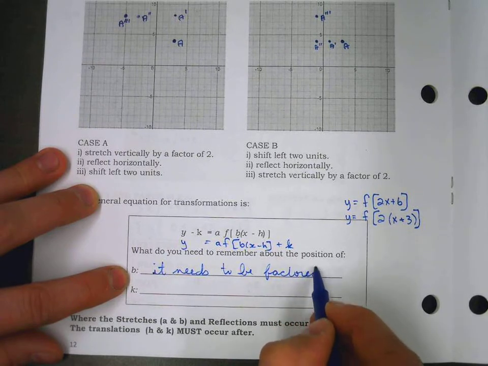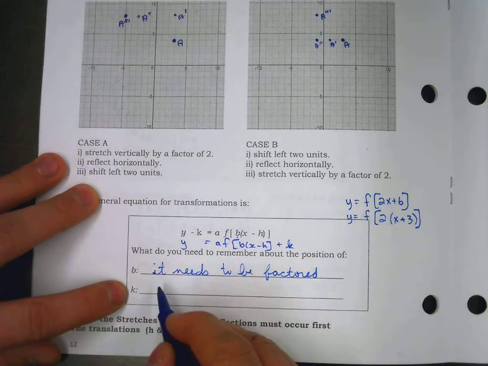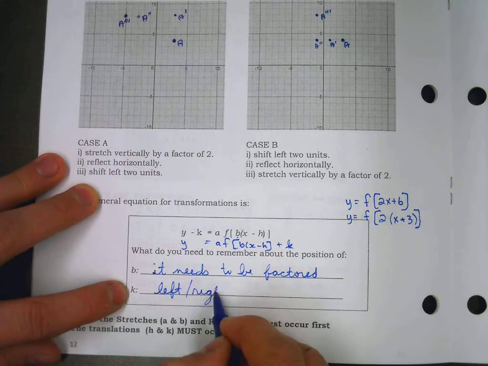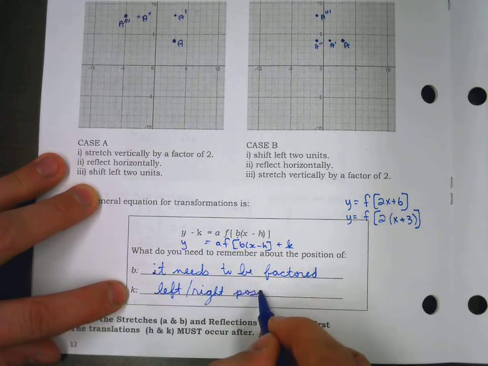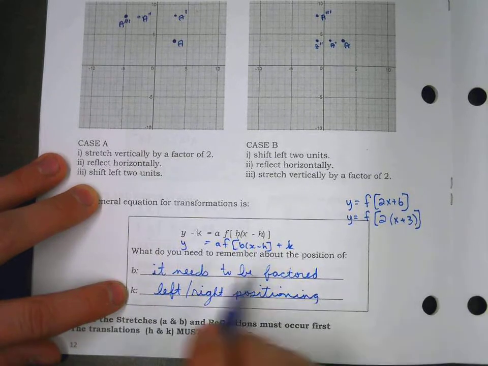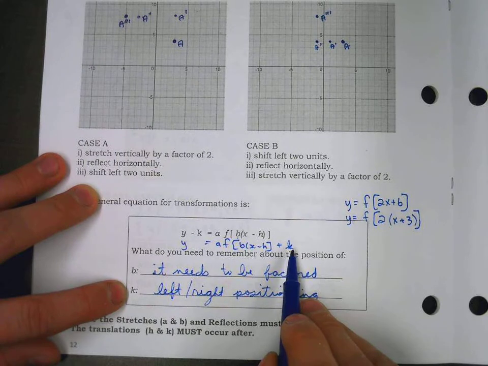What do we need to see about the k? It could be on the left or the right. So there could be this idea of left-right positioning. And we saw this in our first lesson in 1.1. There is a left or right positioning. If you saw the k on the right side, if it says +5, it's up 5.